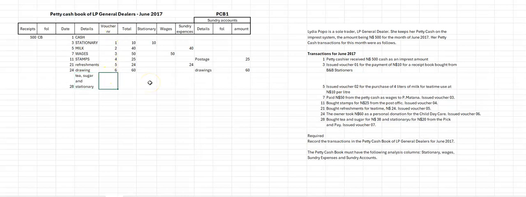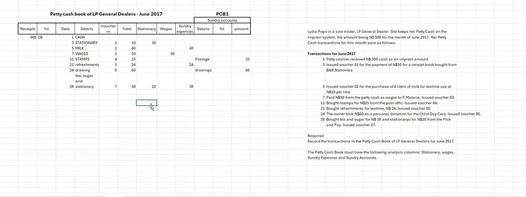Voucher number 7. And we bought it for how much in total? We bought it for 38 plus 20, which would be $58. So $58. Stationery was $20. Sundry expenses was $38. And there is our petty cash done.